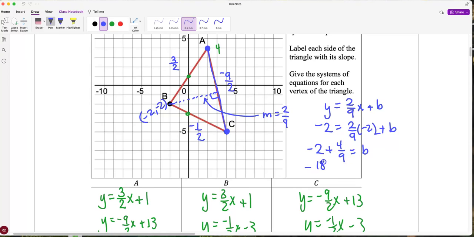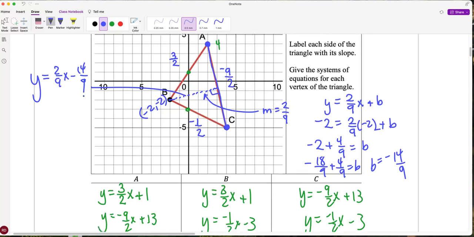That's negative 18/9 plus 4/9 equals b. So b is what? Negative 14/9. So I know the equation of this dotted line. This line is y equals 2/9 x minus 14/9.